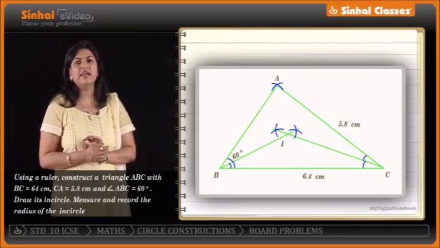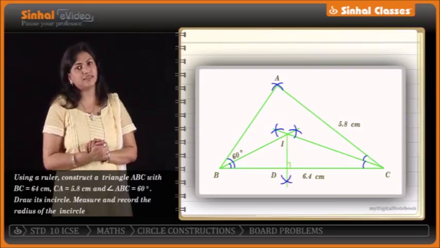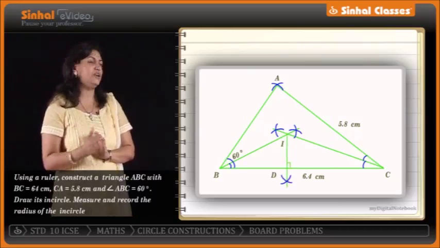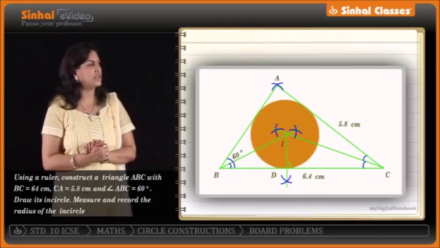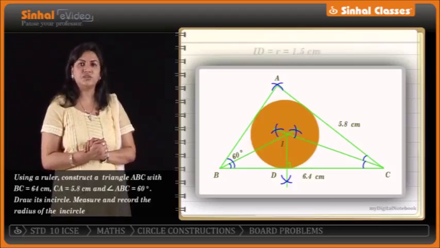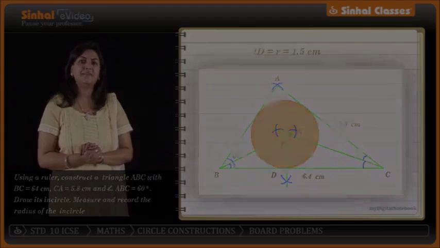Now ID is the perpendicular to BC. So we take the center as I and radius as ID. We draw the circle. Measure the radius of this incircle. We will get ID, which is equal to the radius, as 1.5 centimeter.